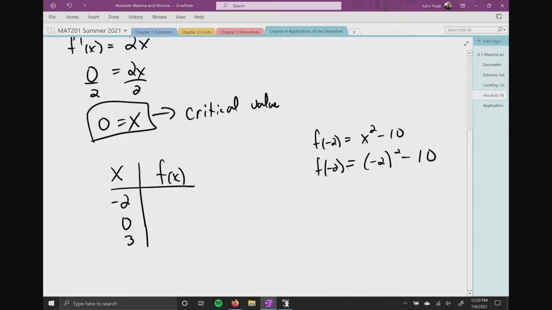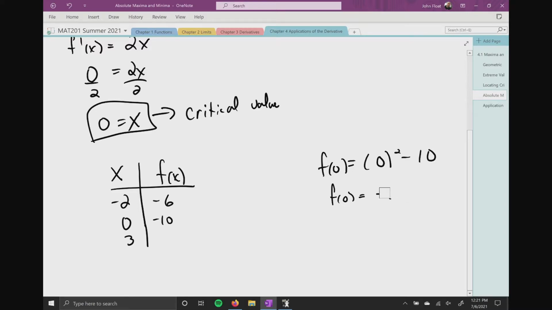So that's going to be 4 minus 10 or -6. All right, so there's the first value. Now I'm just going to erase. I'll erase this too. We know what it is. Make my next substitution. So that's going to be f of 0. So f of 0 equals -10.